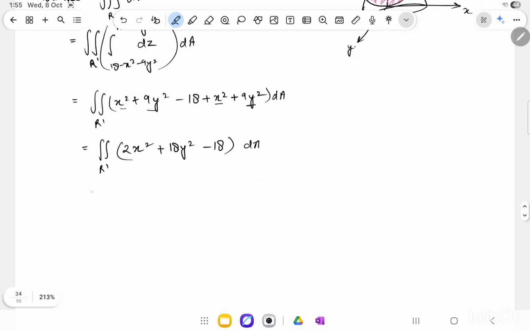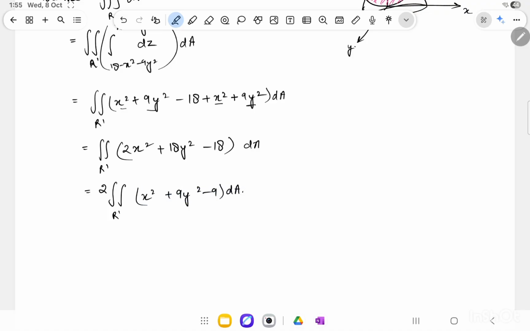Now I can take 2 as common and pull that outside the double integration sign, so it will be equal to the double integration over R dash of 2 times x square plus 9y square minus 9 into dA.